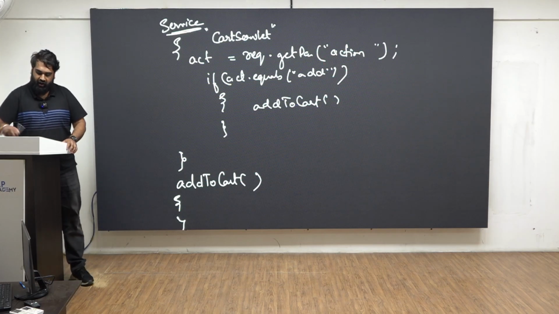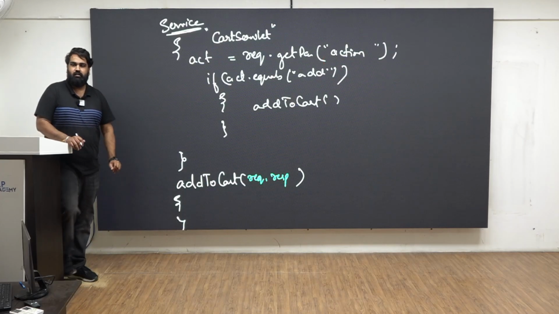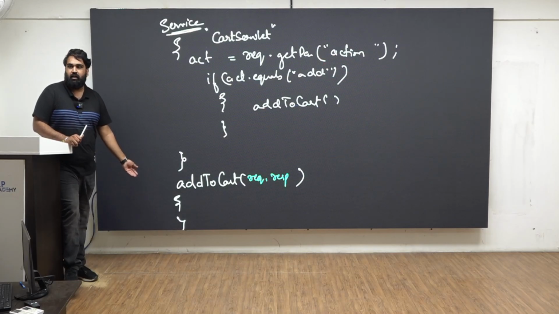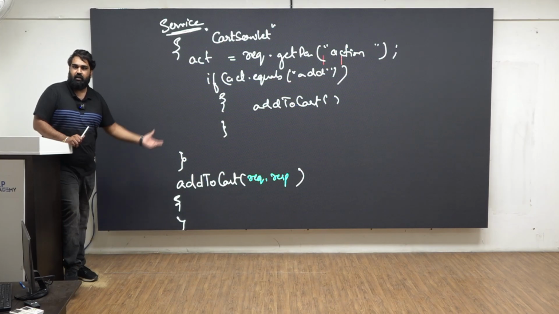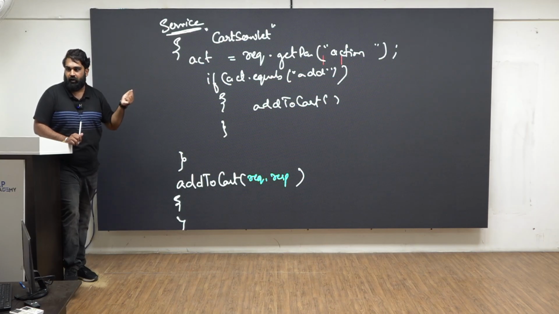So for the add method, I will accept request and response. I hope you are able to understand this. Using the request, now I will get the item ID, menu item ID. I will get the quantity. I will call menu DAO implementation, get menu item by ID.